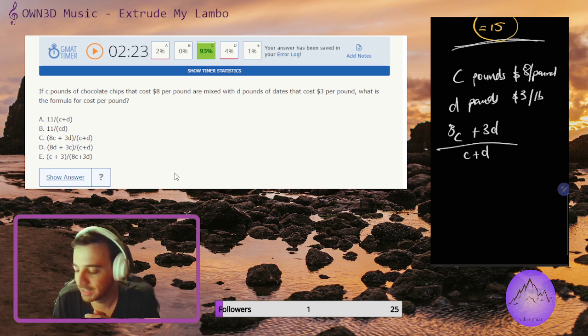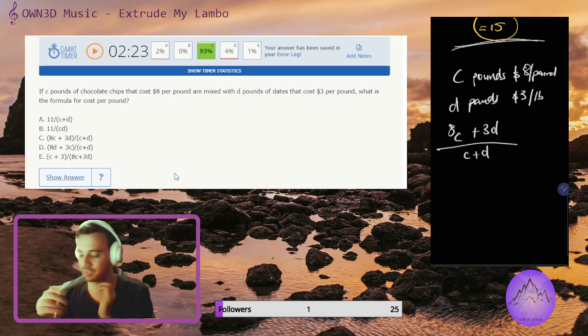So really, it's kind of obvious if you just think about it for a second. I guess staring at the question makes it seem harder than it is, but if you think about it, all you have to do is see how much the dates cost and how much the chocolate chips cost, add that together, and divide it by how heavy it all is. And that gives you your cost per pound. So yeah, really obvious once you think about it like that.